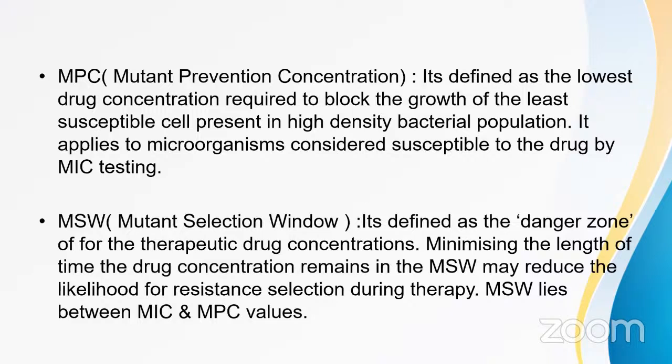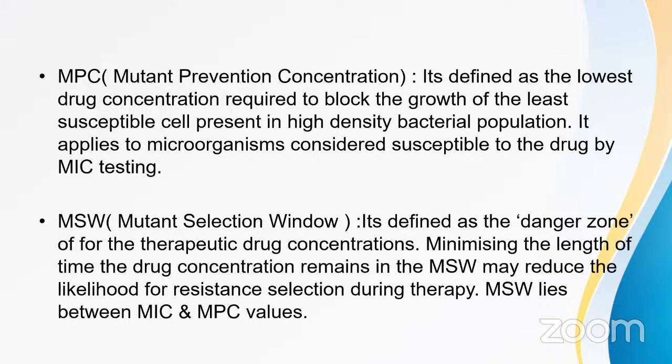Now this new thing, what's called MPC, the mutant prevention concentration. It's defined as the lowest drug concentration required to block the growth of the least susceptible cell present in a high density bacterial population. So we take the density of the inoculum as 10 to the power 10 here.